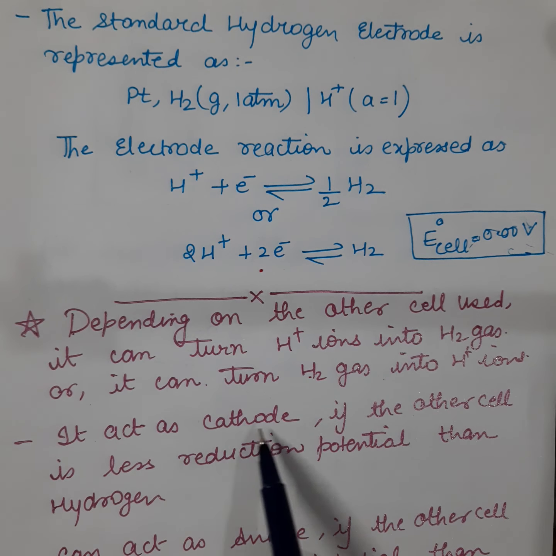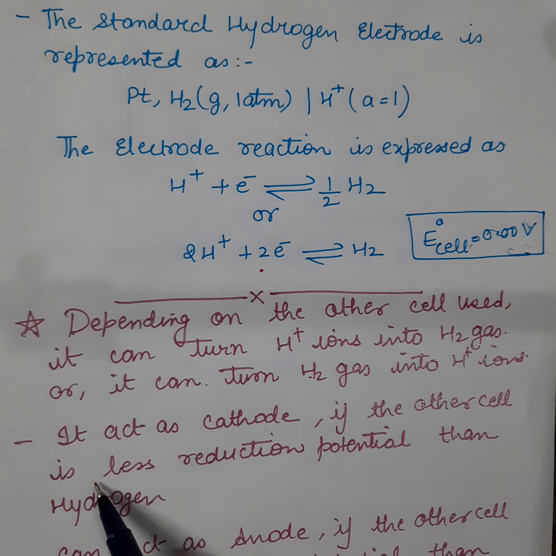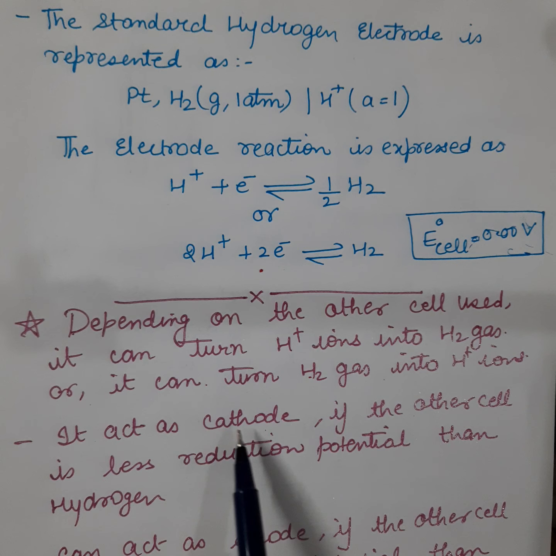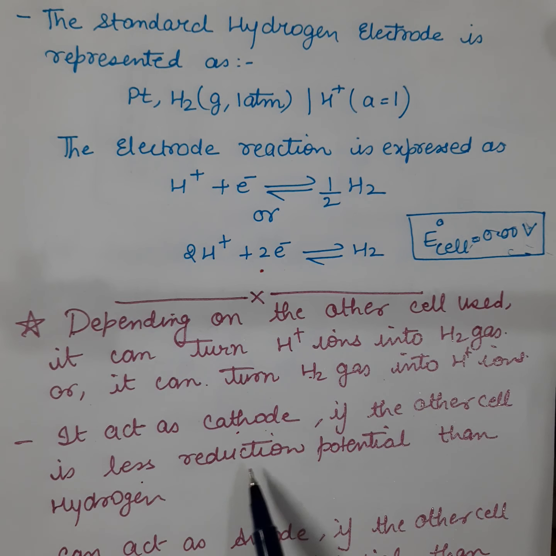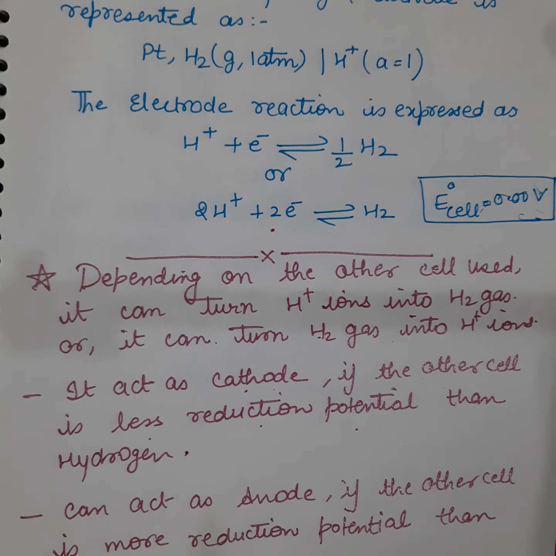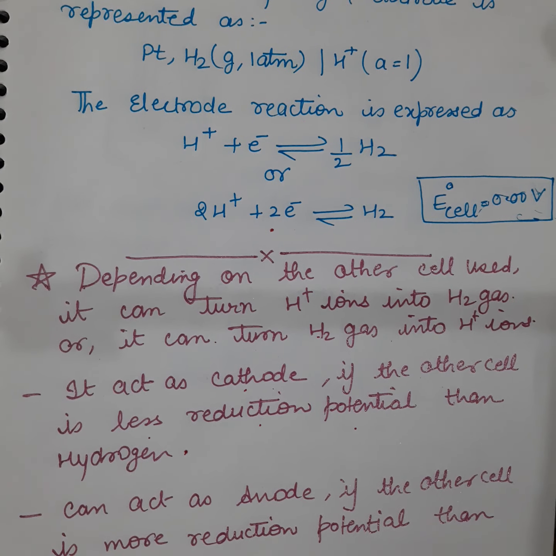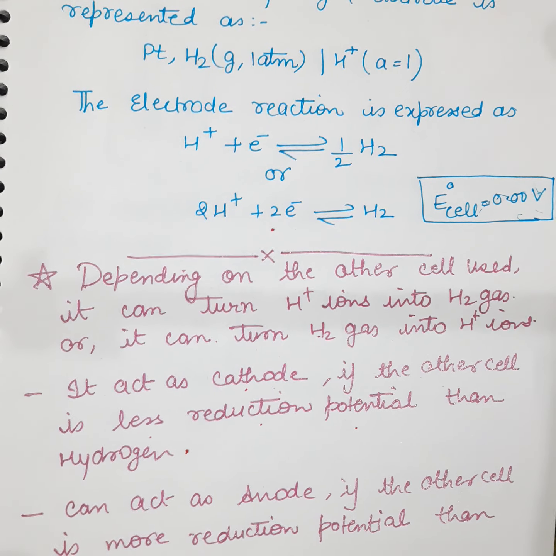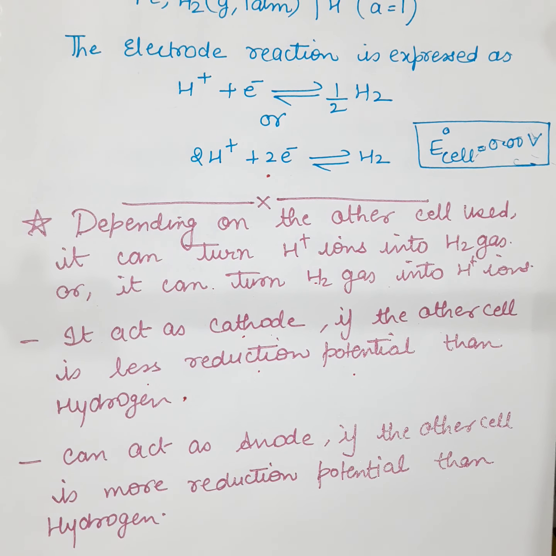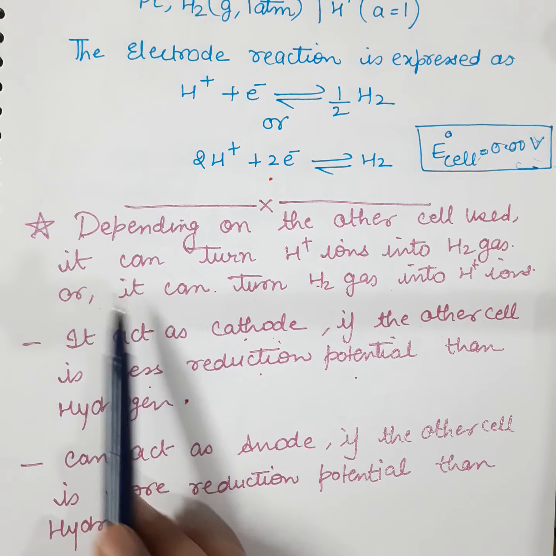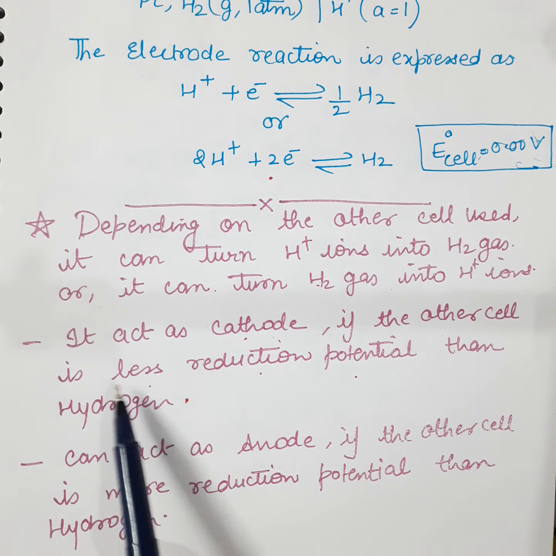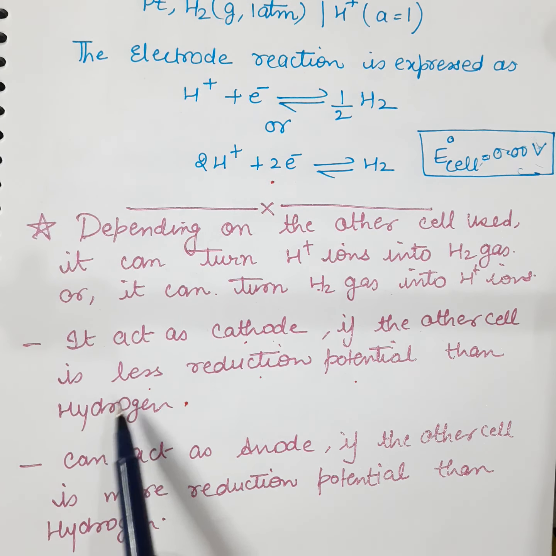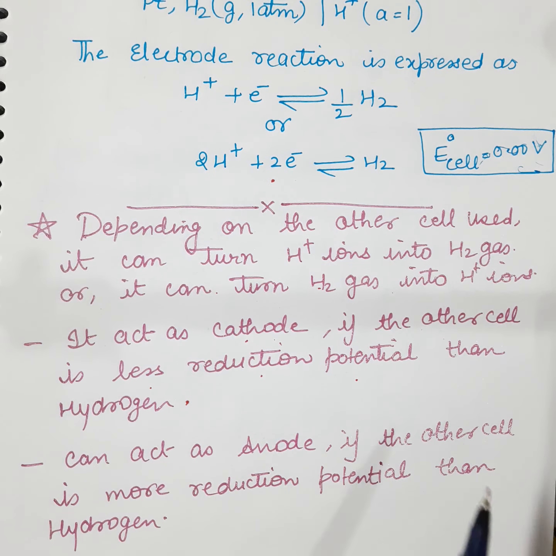It acts as a cathode if the other cell has less reduction potential than hydrogen, or it can act as an anode if the other cell has more reduction potential than hydrogen.